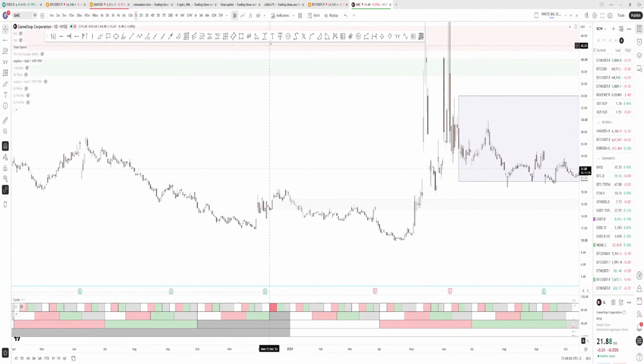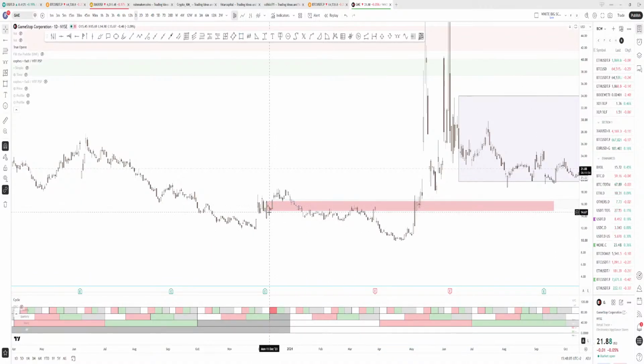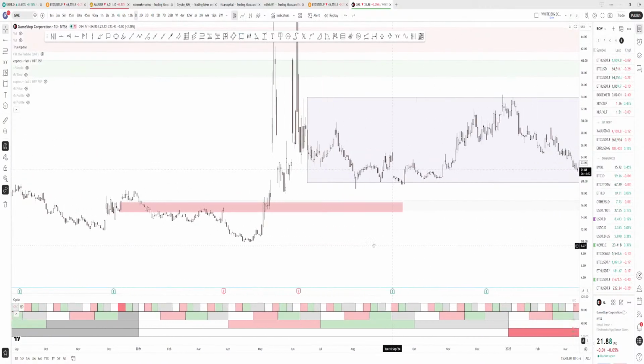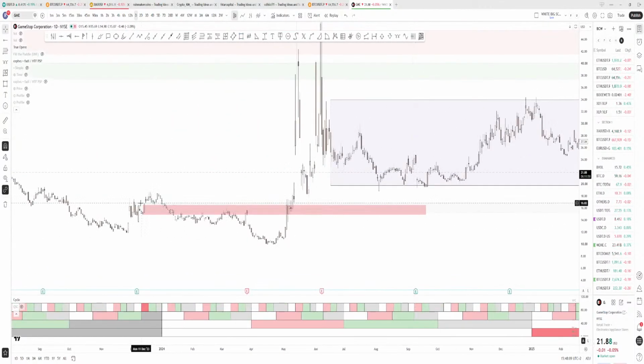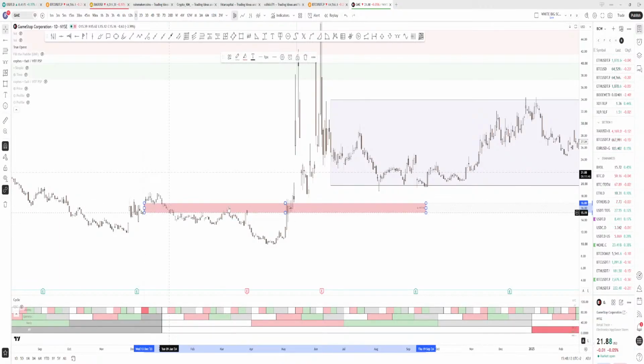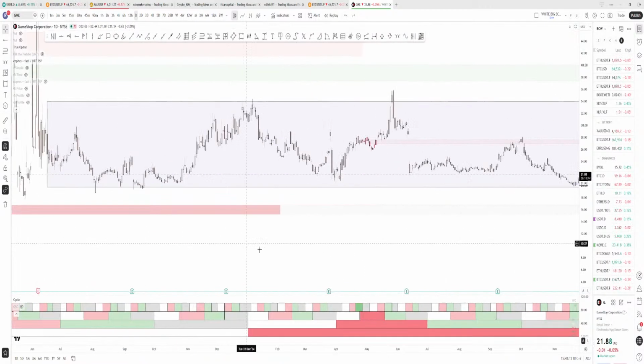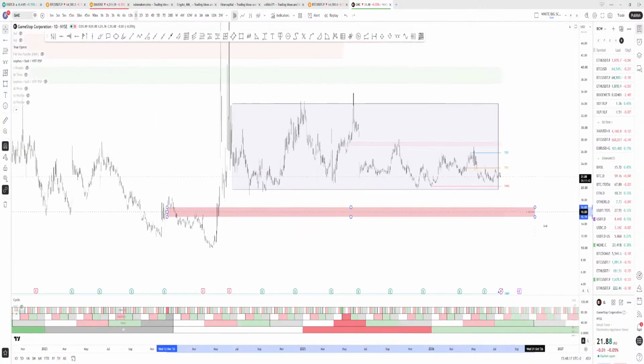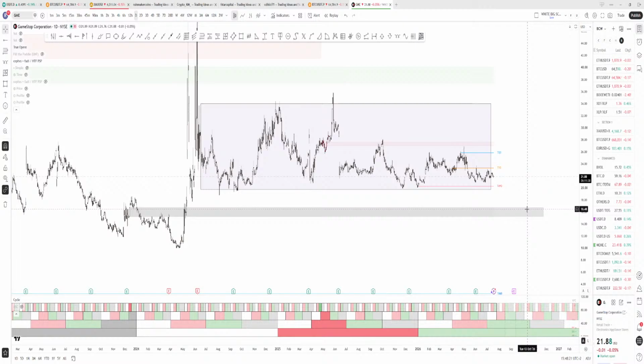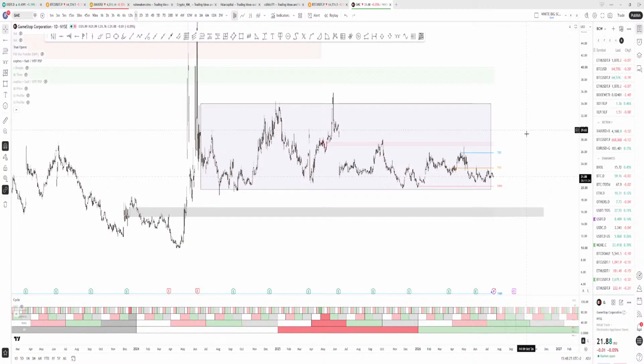This is usually an accumulation zone bottom. Oh, I marked it incorrectly. It's this candle. So if GameStop drops to 16.8, I would be a buyer.